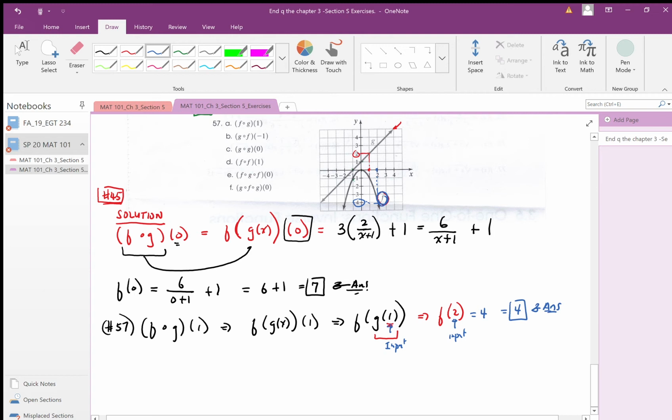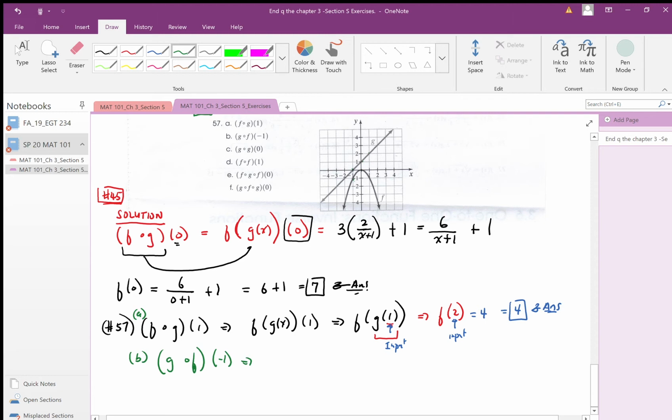Okay, now let me do this so we can have a clear screen. So let me come on to B. This was A. So my B says I want G composition of F, and now that's going to be -1. I'm sorry, it's going to be -1.